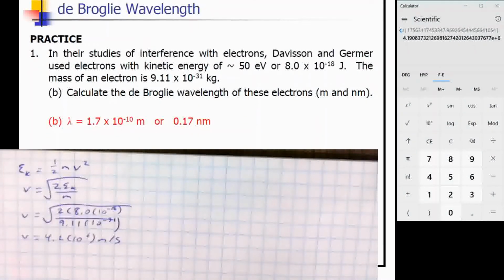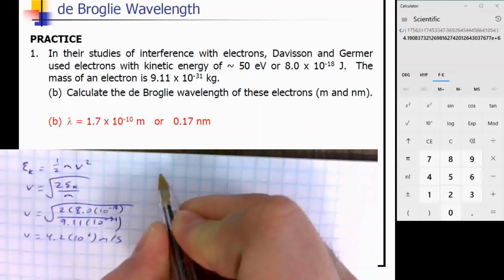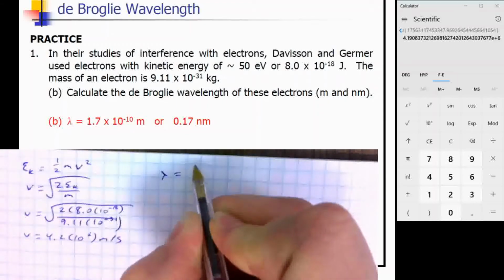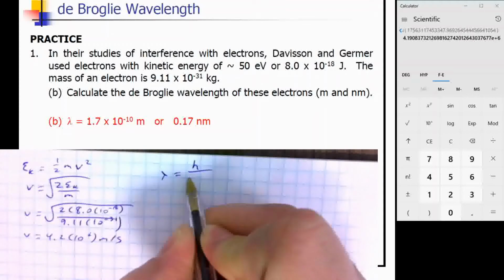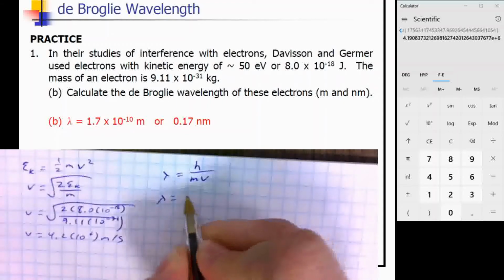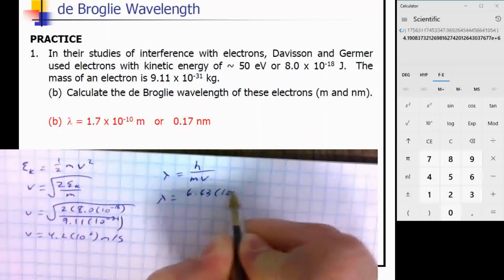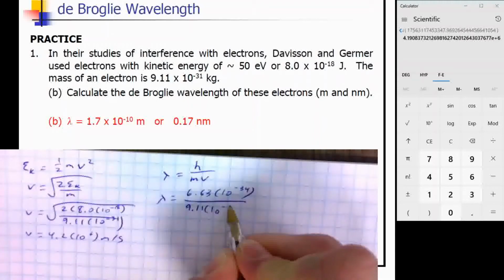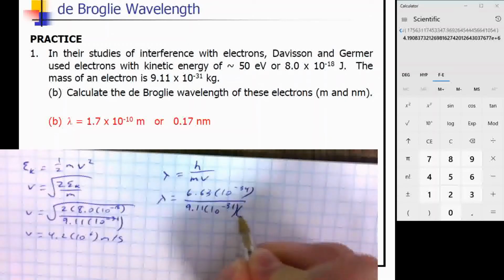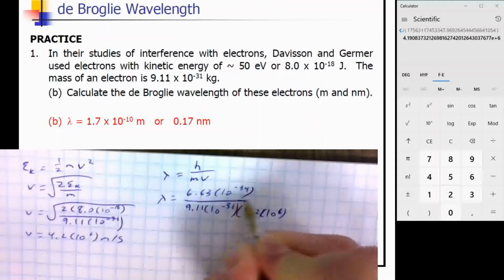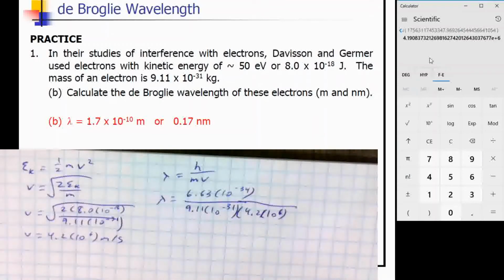There's a part B to this question. This part says calculate the de Broglie wavelength of these electrons in meters and in nanometers. So the de Broglie wavelength is lambda equals h over mv. My h is 6.63 times 10 to the negative 34. My m is 9.11 times 10 to the negative 31. And my v is 4.2 times 10 to the power 6. I have this value in here already, so I'm going to start with this.